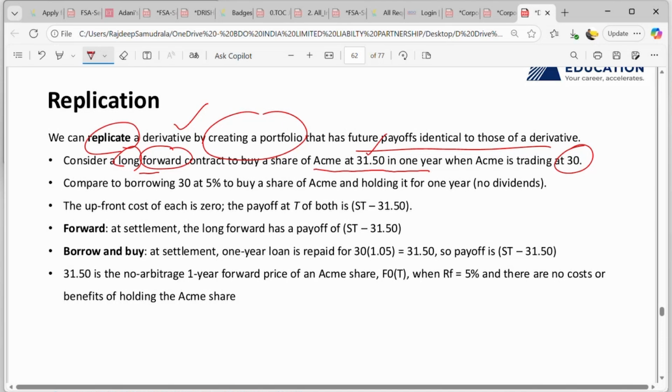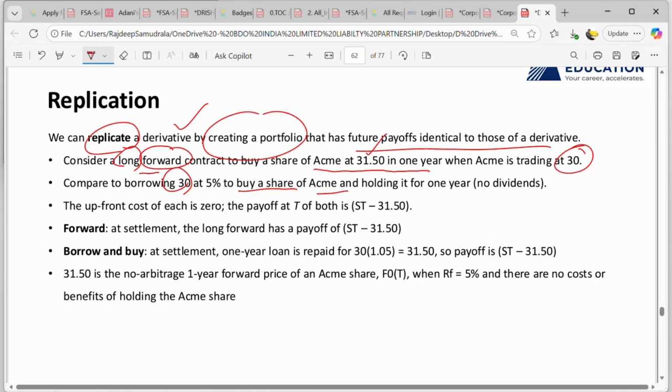Now, imagine it's nothing but buying it after 1 year, for 31.5. Let's say you went and borrowed a loan. You took money from a bank at 30 rupees, at 5%. So you're saying that I want to buy it at 31.5 in the future. Imagine you go and borrow 30 from a bank and you use the money to buy one share and hold it for 1 year. So what's the cost?